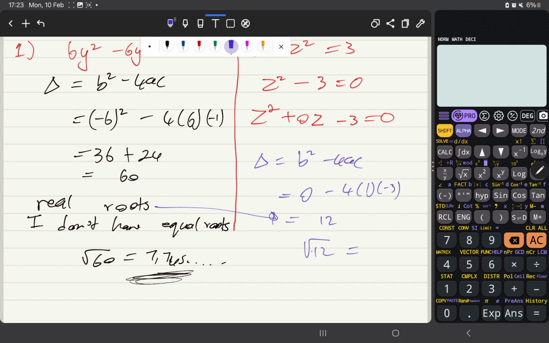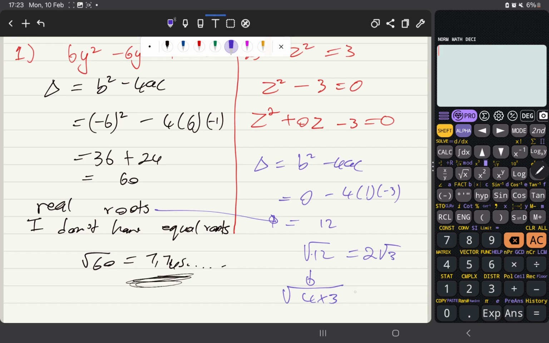Let me guess, it has to be 2 root 3, because in 12 I have the square root of 4 times 3, which is the square root of 4 multiplied by the square root of 3, which is 2 root 3. And root 3 is an irrational number, so it doesn't matter whether you put a 2 in front, it's still going to be an irrational number.